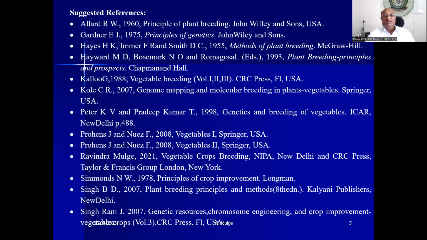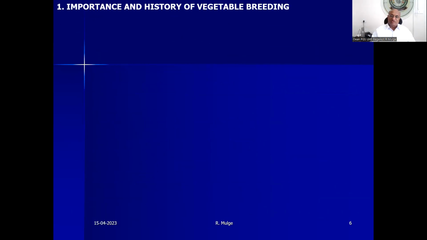Then Singh, Ram J., Genetic Resources, Chromosome Engineering and Crop Improvement, Vegetable Crops. So that's the background of this course.